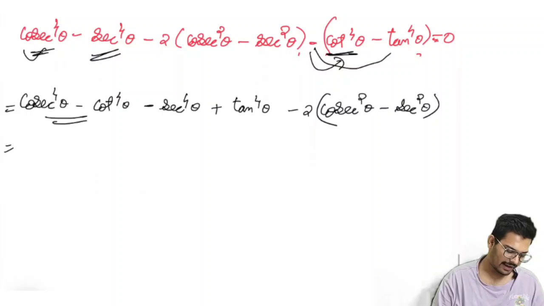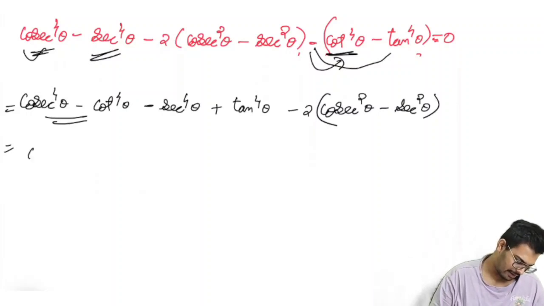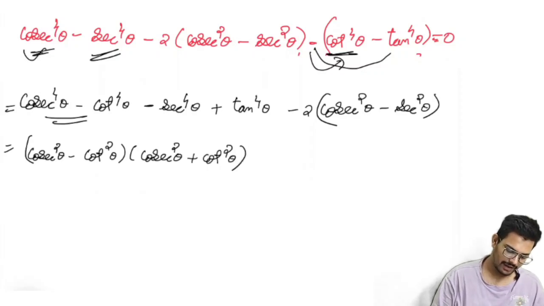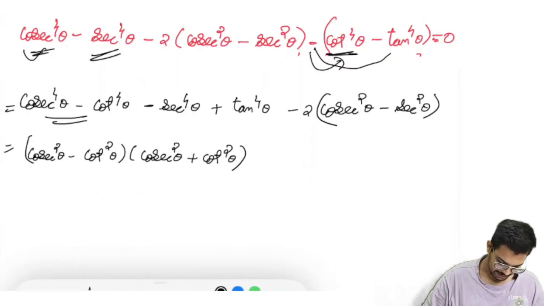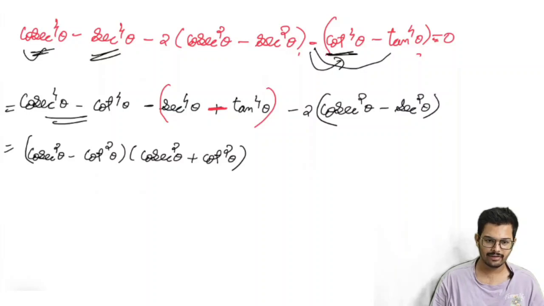Now just apply a^2 − b^2 = (a + b)(a − b). This will be (cosec^2 θ − cot^2 θ)(cosec^2 θ + cot^2 θ). Here you can take a negative common. When you take negative common, this will become positive and this sign will become negative, then only when you apply the distributive property will it be correct.